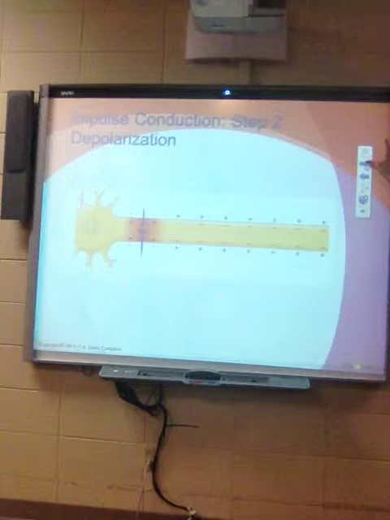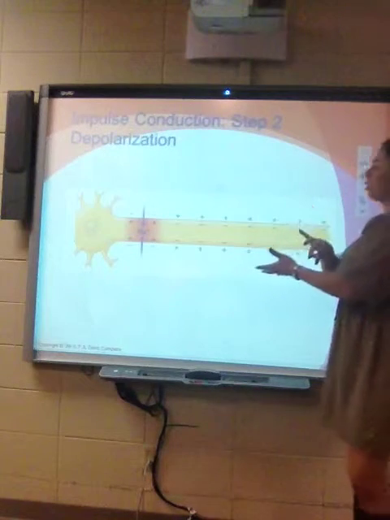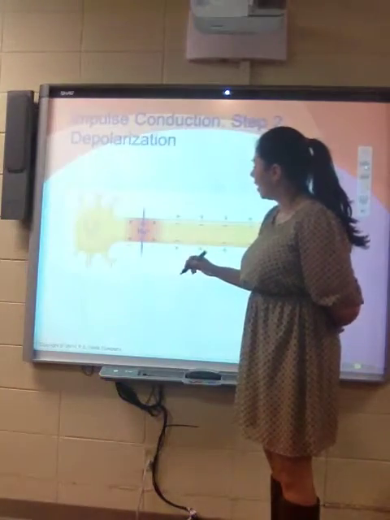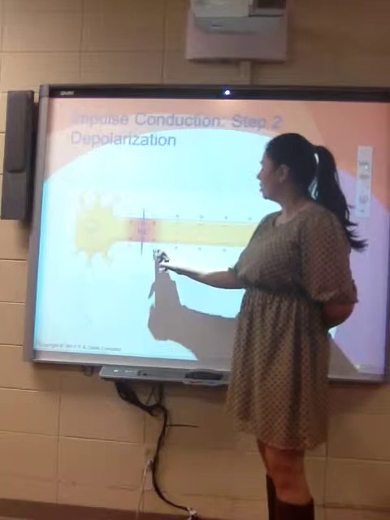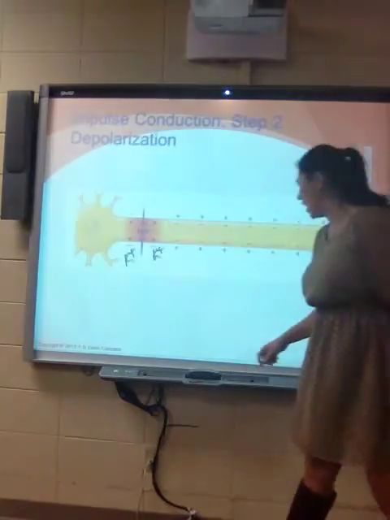Just sitting and waiting. So depolarization is when we start to switch those ions. So we're taking sodium and letting it flood in, and then you see potassium will start to flood out, along with its other negative guys.